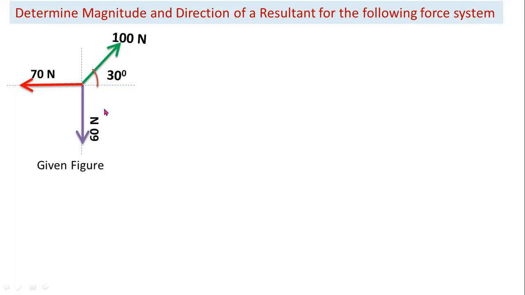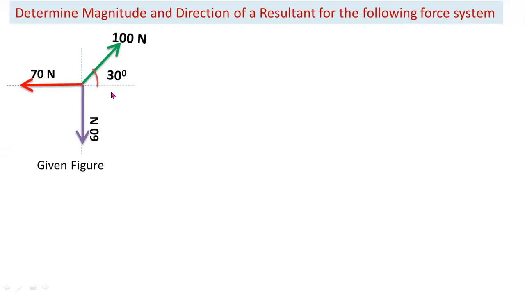Here you can observe a 70 newtons force lies on the x-axis, a 60 newtons force lies on the y-axis, and this 100 newtons force lies in the first quadrant and makes an angle of 30 degrees with the x-axis.